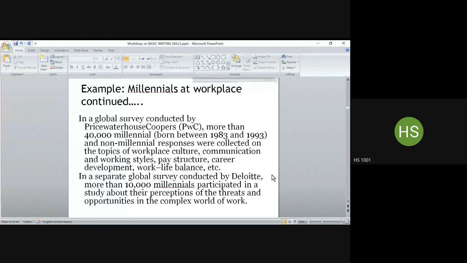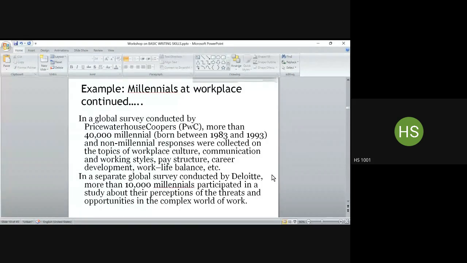We're just trying to understand the very basics of it. So if I am to write about the mindset of millennials or millennials at workplace, the first part that we already talked about was the introduction paragraph. So this was the introduction. And now we are coming to the next part, where we are proving what has already been put in that. These might be separate paragraphs, but to give you an example of how supporting sentences work, how reasoning and statistics and everything can happen in a paragraph, this has been put.